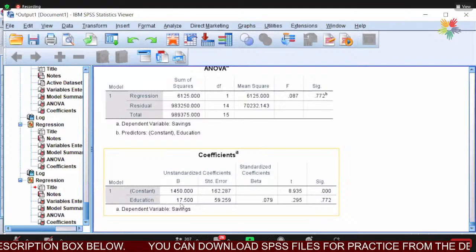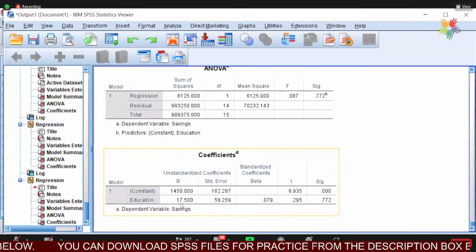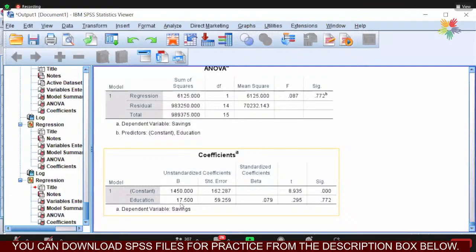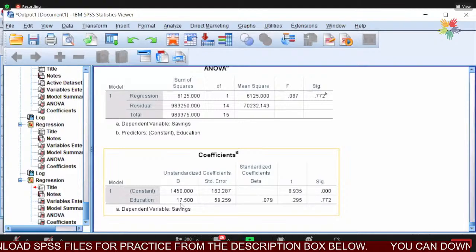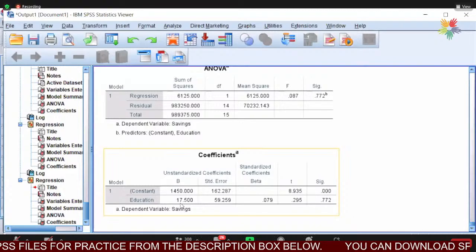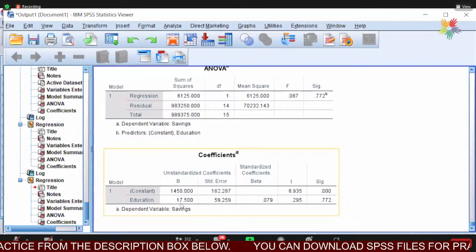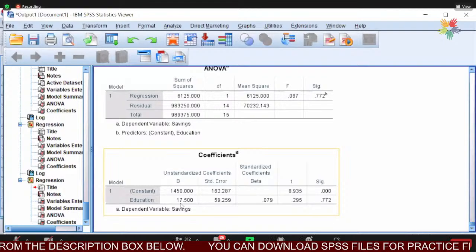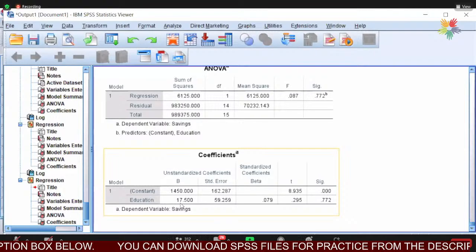If it is a category, it will automatically create a dummy, but I have to tell it that the variable is a category. But now my dependent variable is a category.